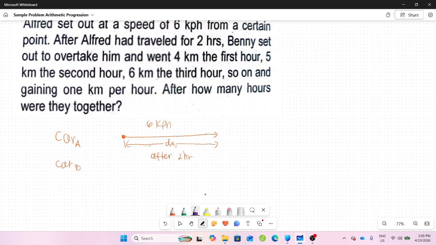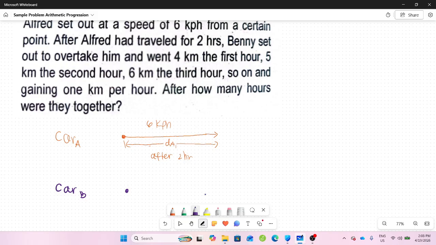What's happening for car B is that there's this condition, because car B wanted to overtake car A, or Benny wanted to overtake Alfred.